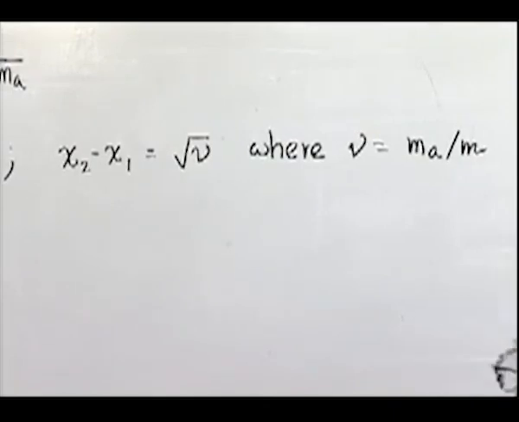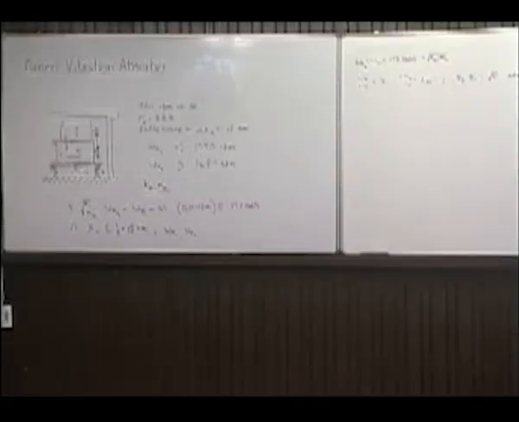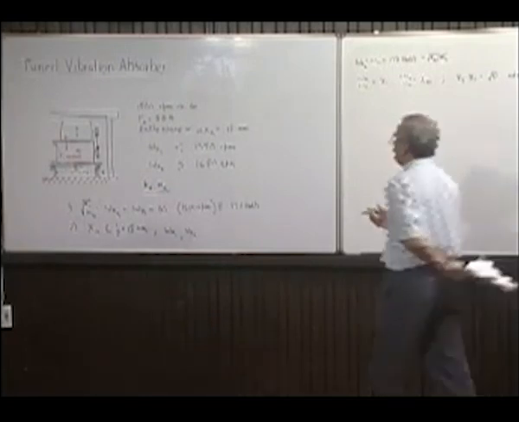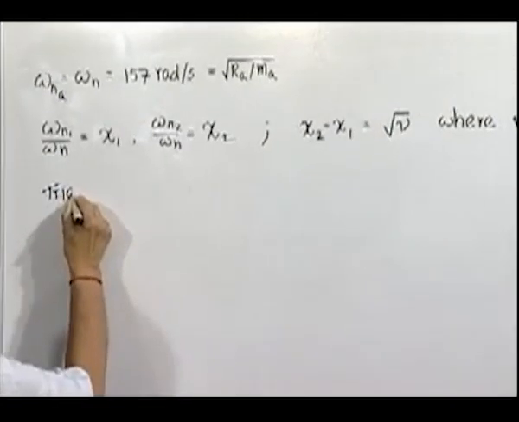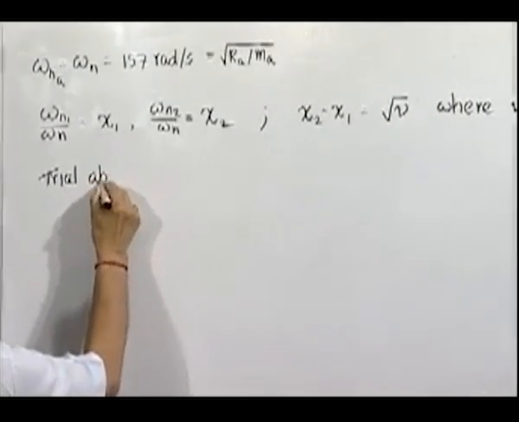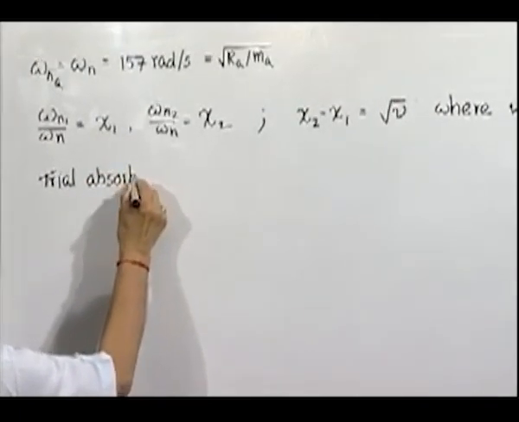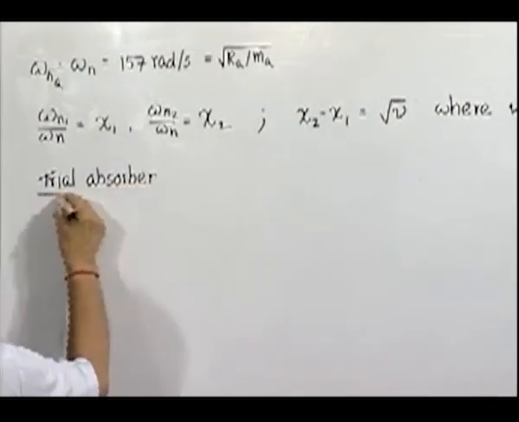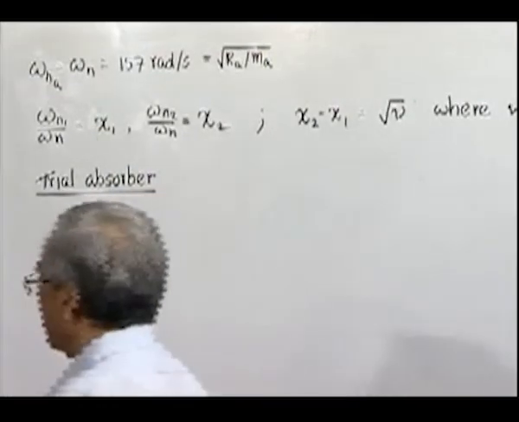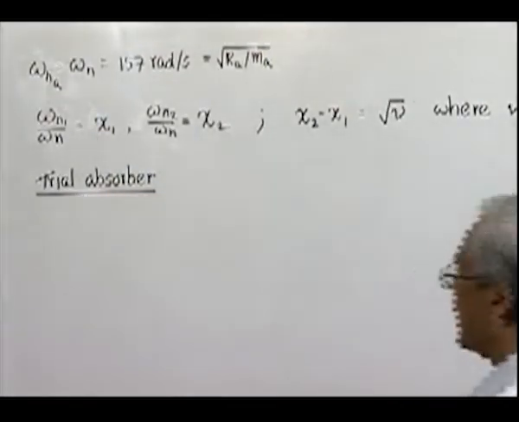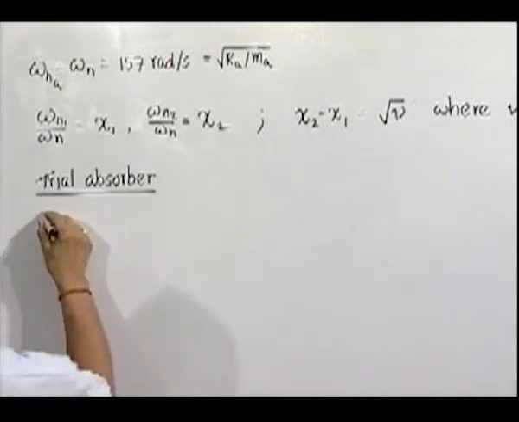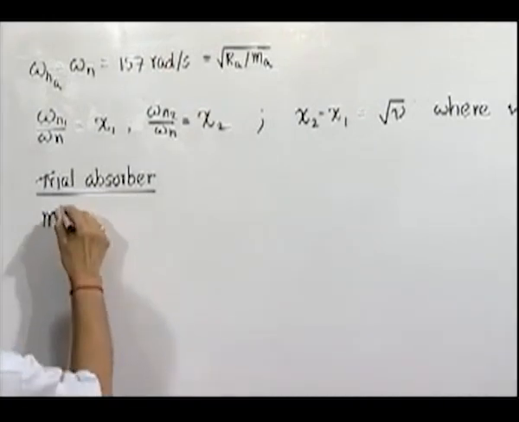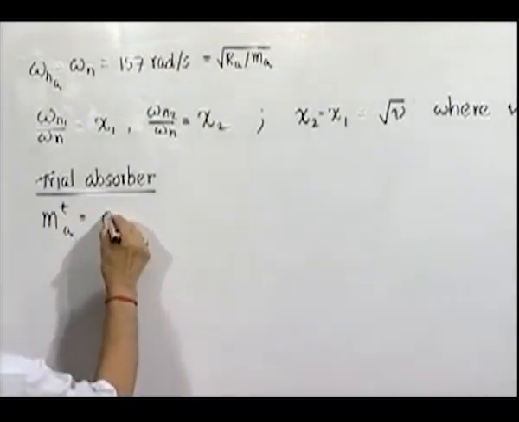So, therefore, what is done generally in such cases is that we first take a trial auxiliary system. So, we first attach a trial absorber, say of mass trial is say 0.1 kg.